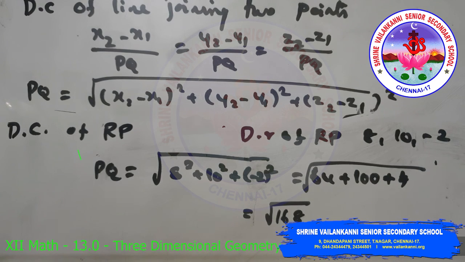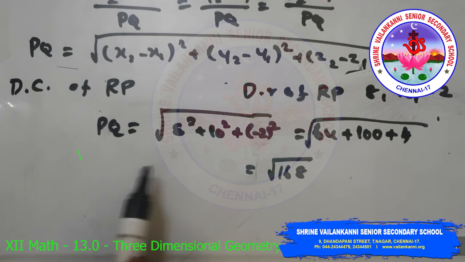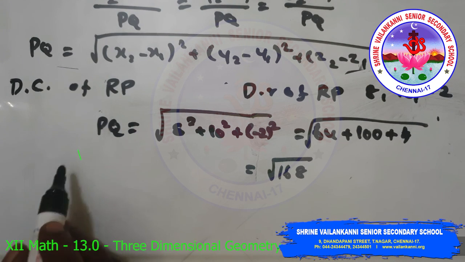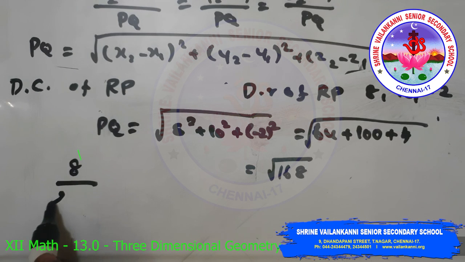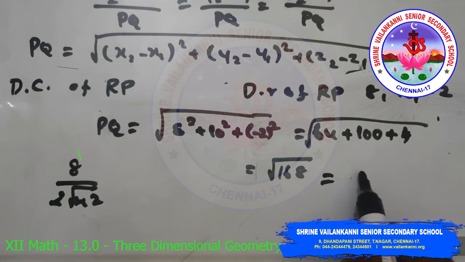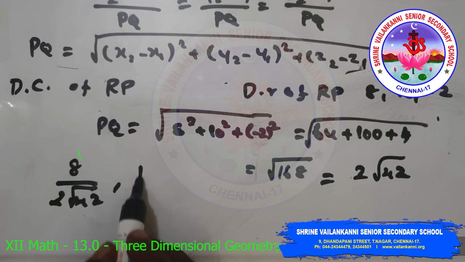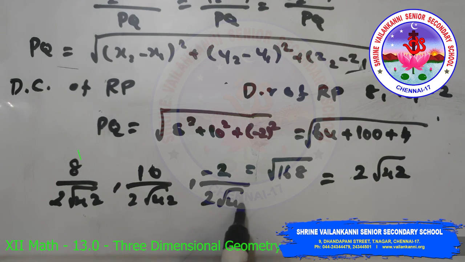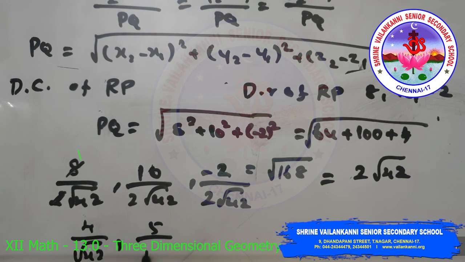After prime factorizing this, we get 2 into root of 42. So DCs of RP are 8 by 2 root 42, 10 by 2 root 42, minus 2 by 2 root 42. Cancelling this, we get 4 by root 42, 5 by root 42, minus 1 by root 42.